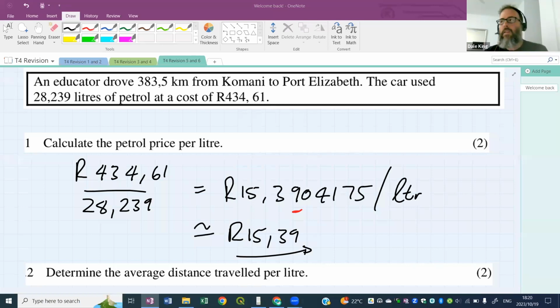If the instruction in the exam says round off to 2 decimal places unless told otherwise, then you always round off to 2 decimal places unless they tell you otherwise. Makes sense. Do not stress that if you're getting 15.3 or 15.40 and you're looking at the answer, which is 15.39, oh dear, that's it, there goes a mark.